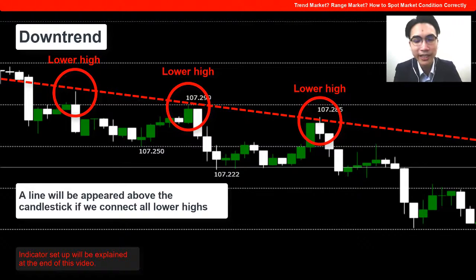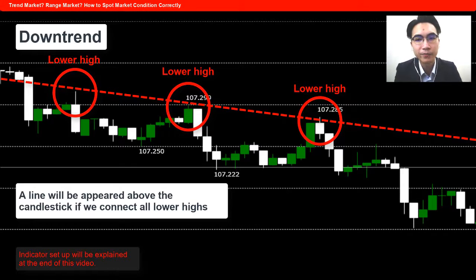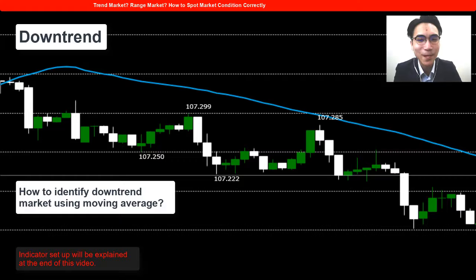So during a downtrend, we only go for low, because the majority of the price is going down. Next we will take a look at how you can identify a downtrend by using the simple moving average.